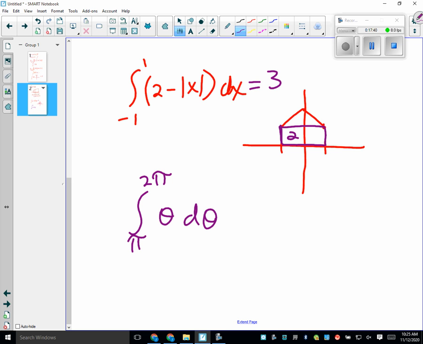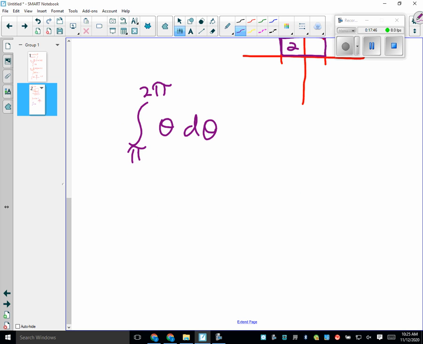How do you graph theta? It is just like x, because on the graph is this pi, and can this be 2 pi? Sure.